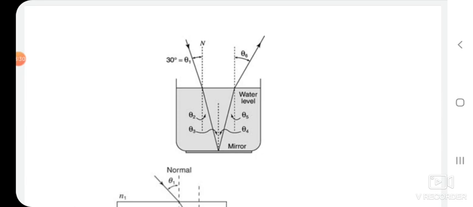Angle theta 2 is determined from theta 1. As we know, theta 1 is equal to 30 degrees. According to Snell's law of refraction, angle theta 1 is related to theta 2. By geometry, theta 3 is equal to theta 4, as we see in this figure. By the law of reflection, theta 4 is equal to theta 5.